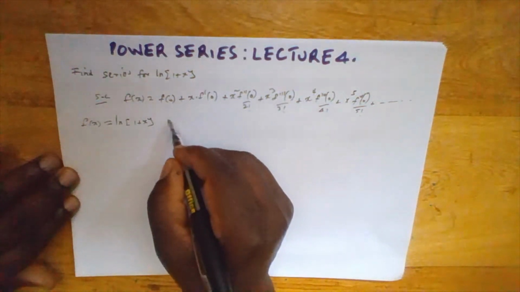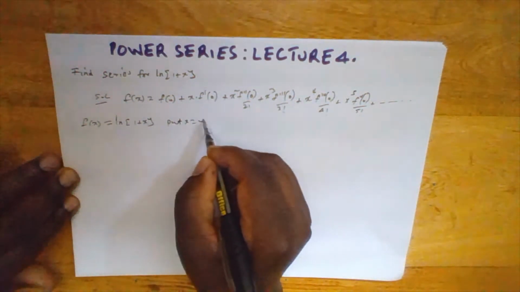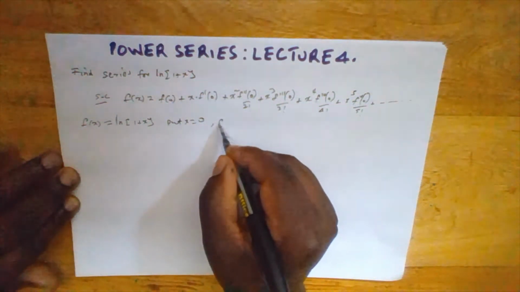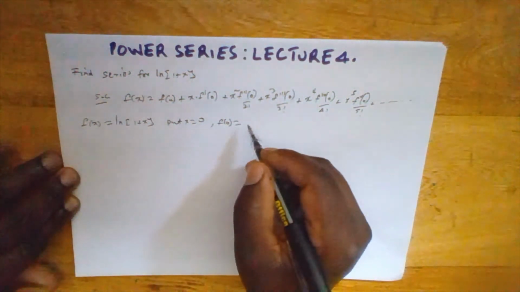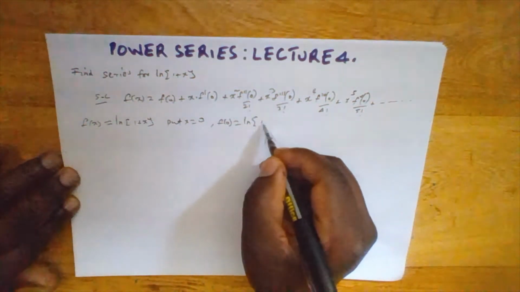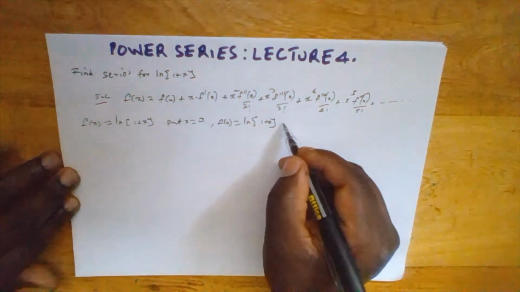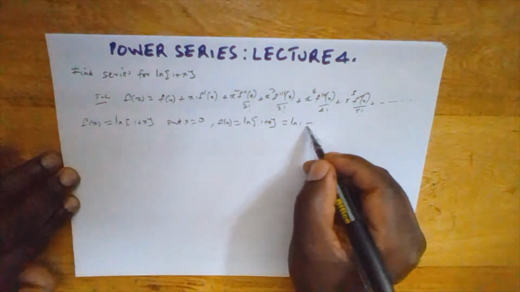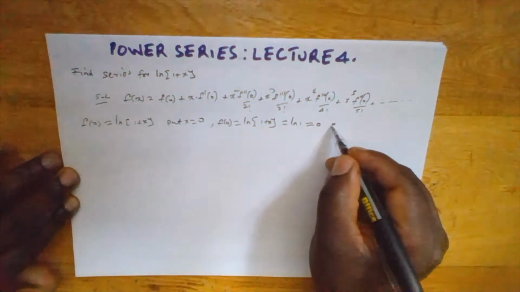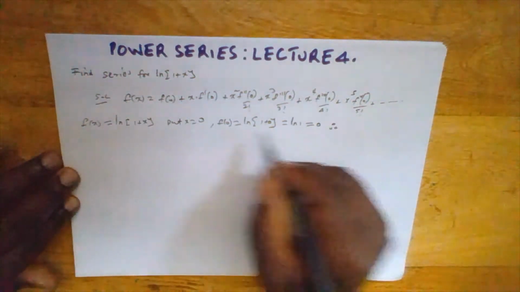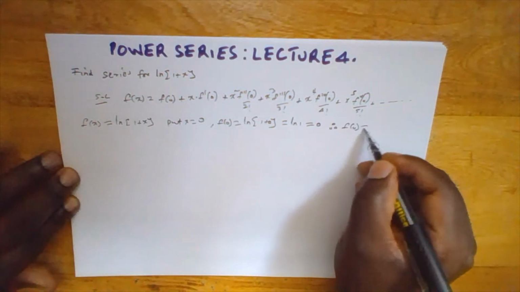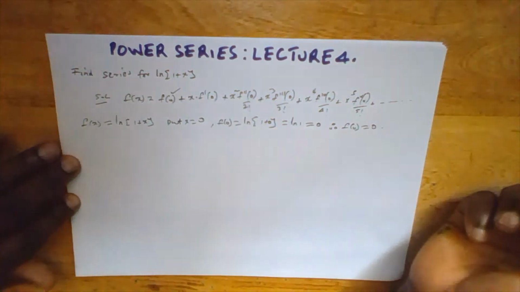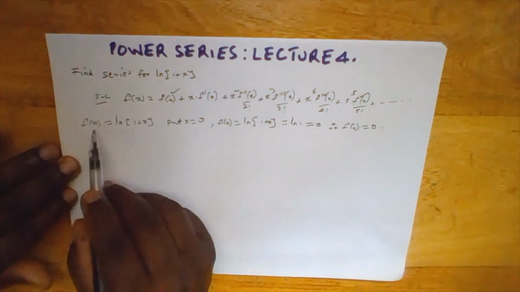So when we put x equals 0 in this equation, we have f of 0 equals ln of 1 plus 0, which equals ln of 1, which equals 0. Therefore f of 0 equals 0. So we have that. Now we differentiate f of x.